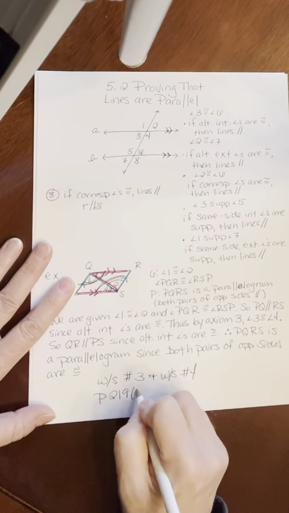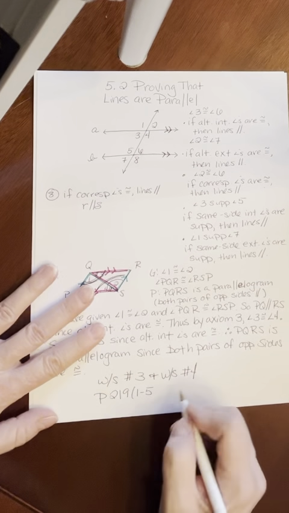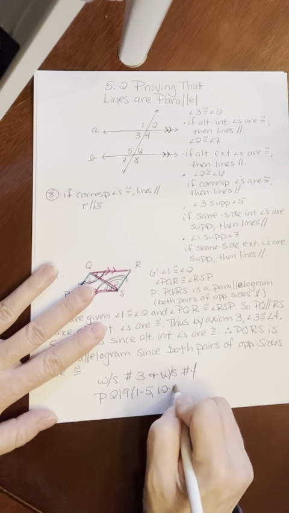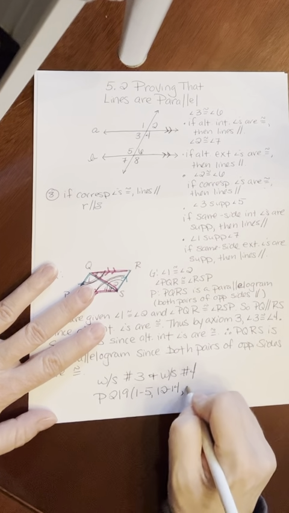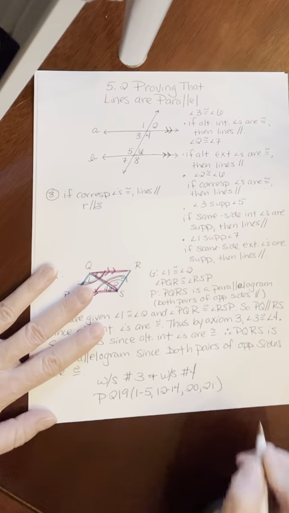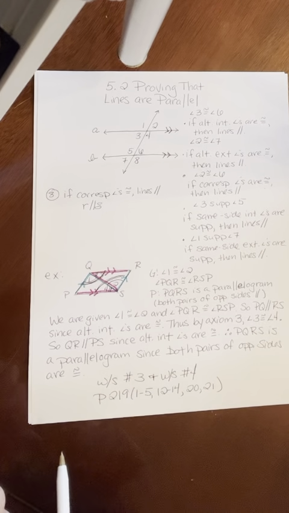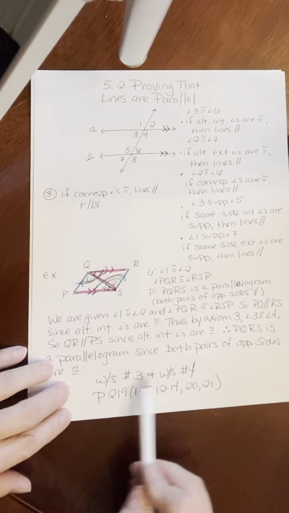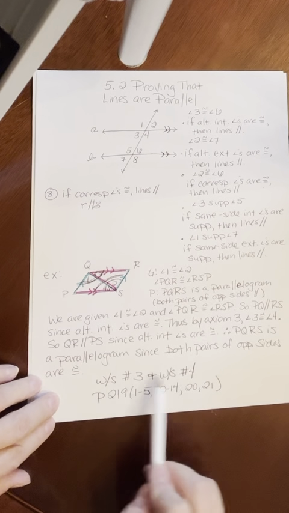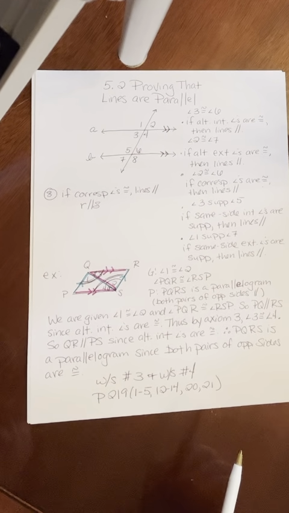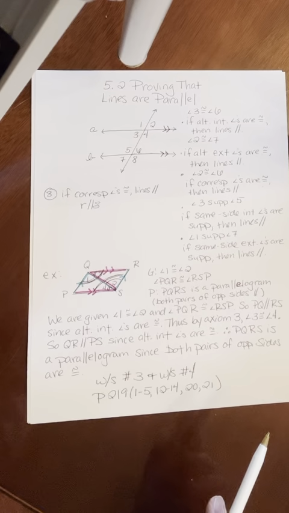You're going to work problems 1 through 5, 12 through 14, 20, and 21. So you have quite a bit of work to do. This stuff can easily be done in class, and you can get started in class if you finish 3 and 4. Help each other out, be good to the sub, and don't forget what's due on Thursday.